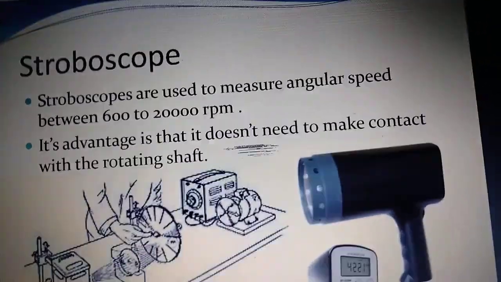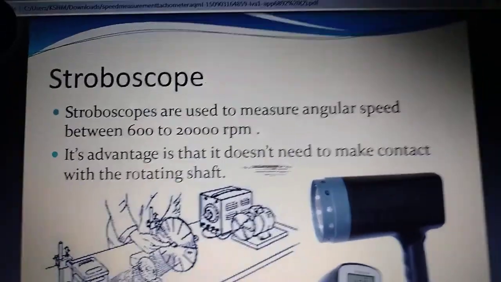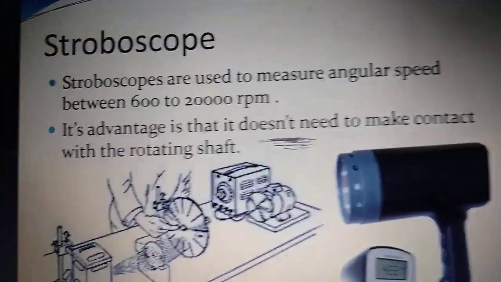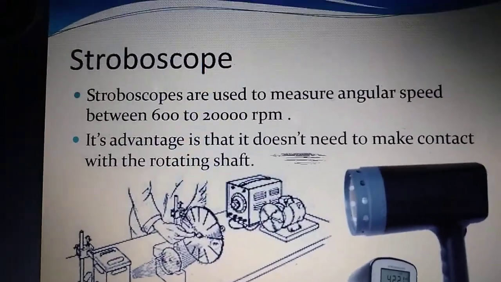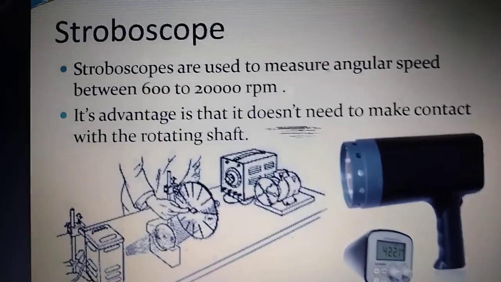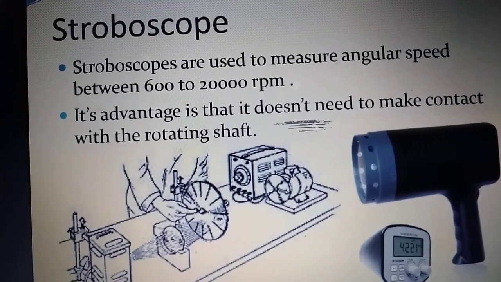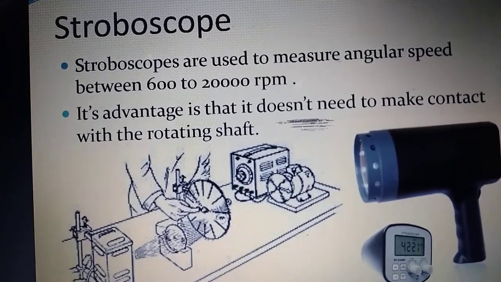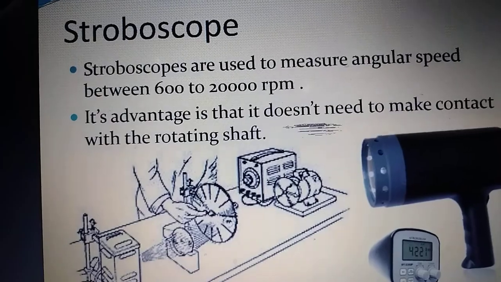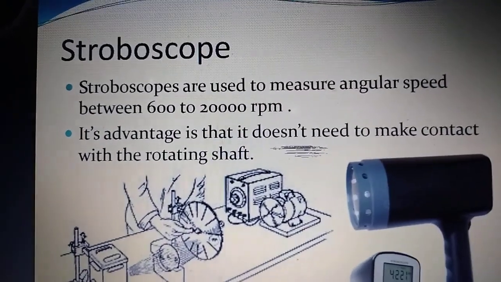This is also contactless, and the advantage is that the accuracy is very good and there are no moving parts. The accuracy of this instrument is very high, there is no contact with the rotating object, and we can measure from anywhere. It is very portable.